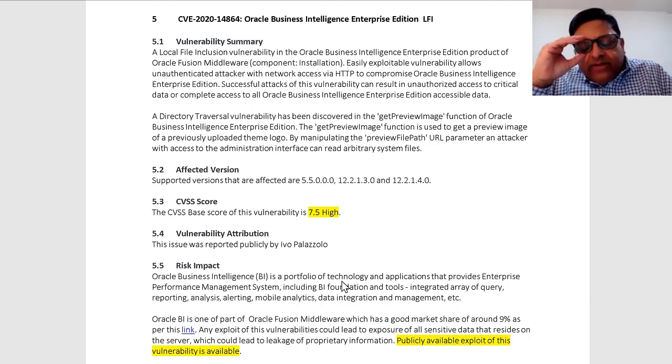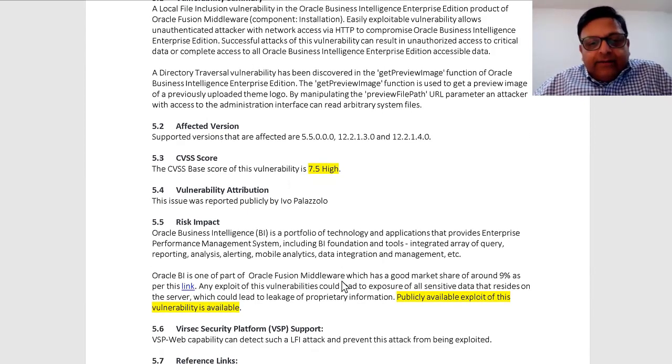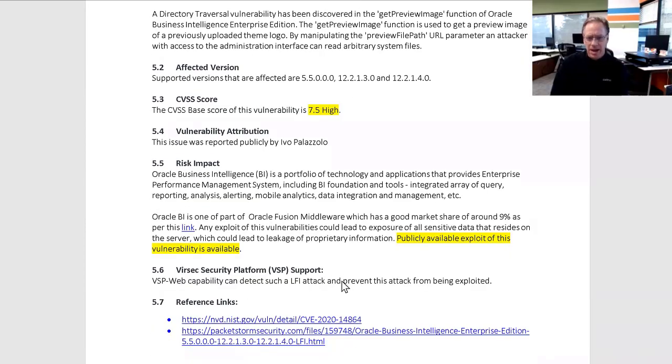And the important point here is that Oracle Business Suite is used by a preponderance of Fortune 100 companies that use Oracle and related applications. So this will absolutely affect Fortune 100 companies a lot. So big companies with a lot to risk.